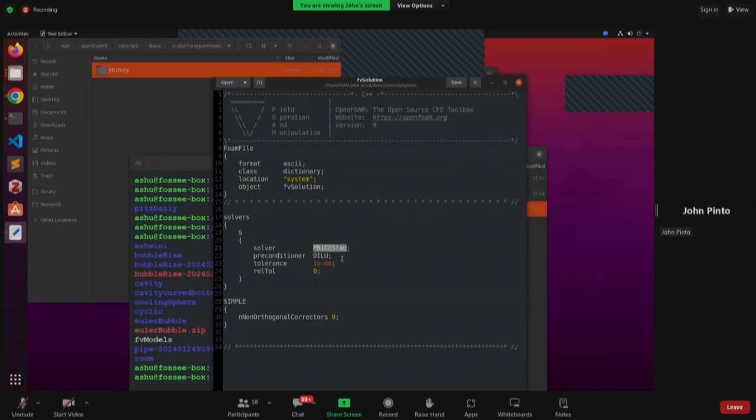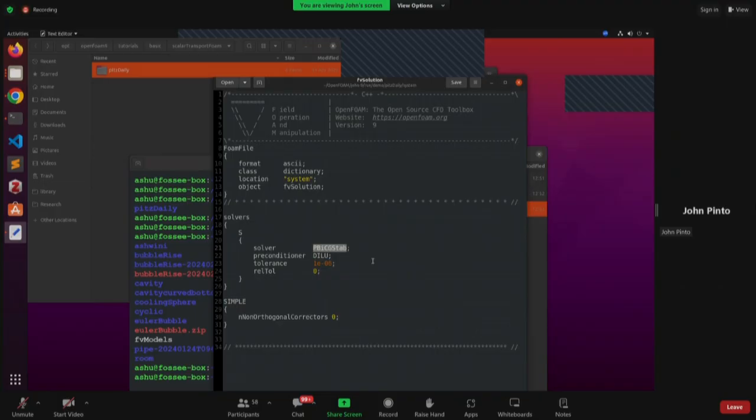So there are many solvers. Again, if you don't know what solver to use, you can type preconditioned biconjugate gradient and then stabilized. That is the name. So instead of this, you write banana and then run. It will say, okay, this is not the correct solver.